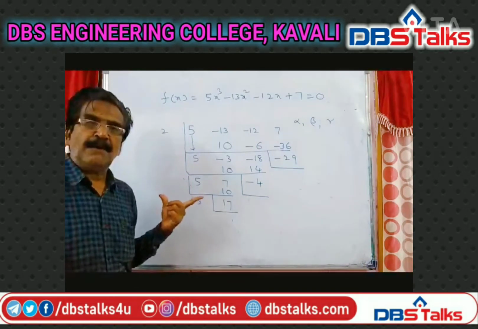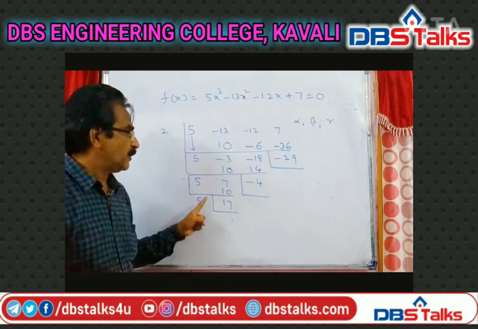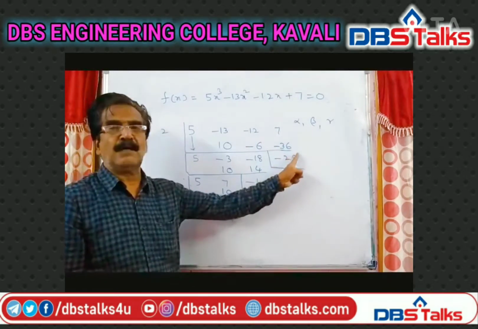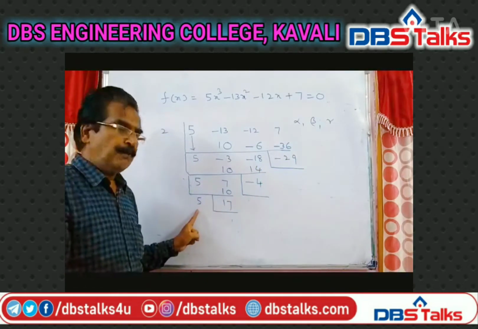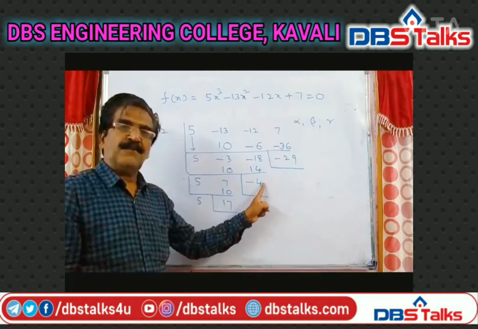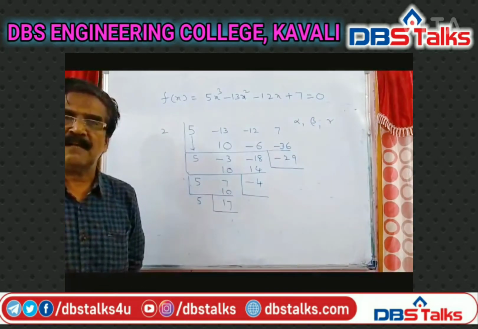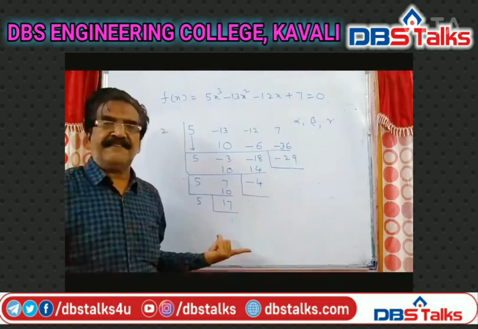Now the required polynomial is 5x cube. This is x cube term, x square term, x term, constant term. 5x cube plus 17x square minus 4x minus 29 is equal to 0 is the required polynomial. This is a better way, friends.